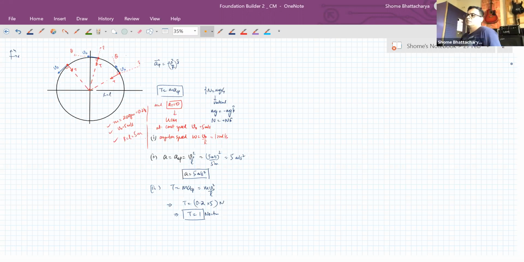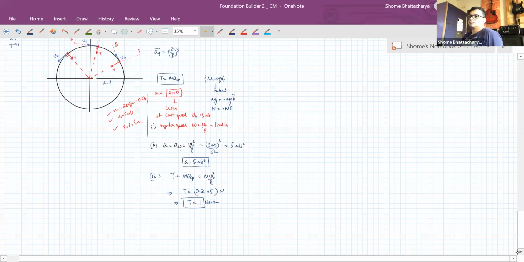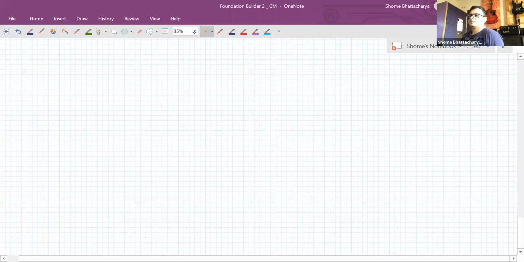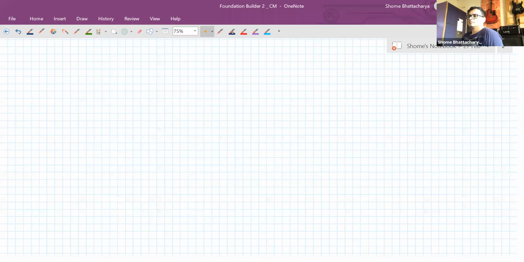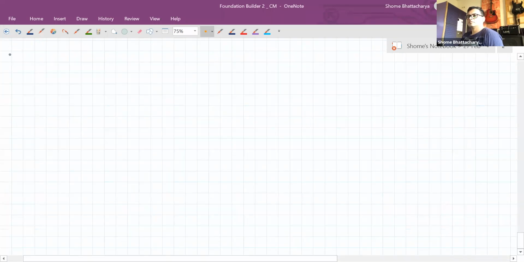Okay, let's look at another example. The next example we'll see is that of the conical pendulum.